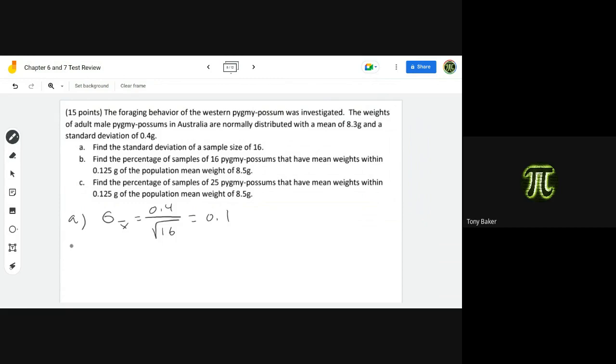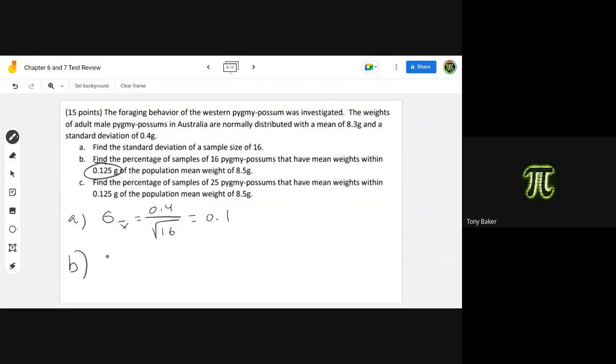Okay. So B, we're actually going to use that. So we want the mean weights within 0.125 grams of the mean. So that means if we're thinking the mean is 0, it's 0.125 to the left, 0.125 to the right.